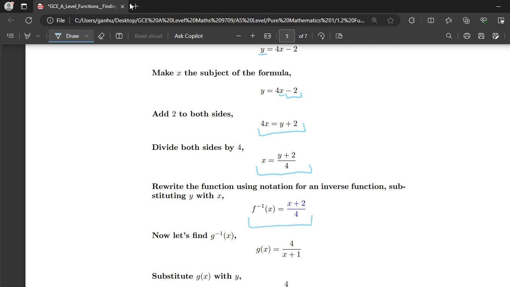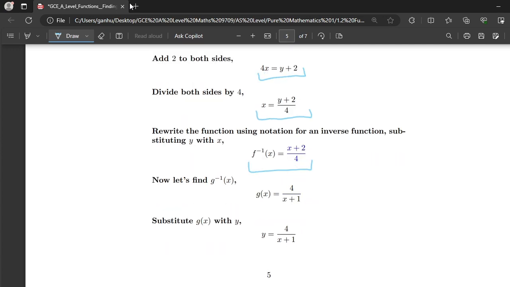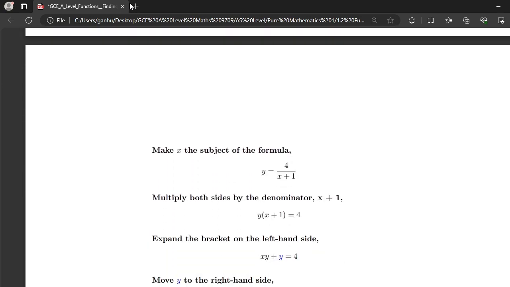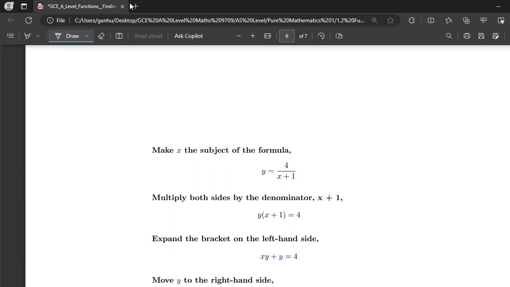Now we also need to find g inverse of x. So g of x is equal to 4 over x plus 1. Substitute g of x with y, so it becomes y equals 4 over x plus 1. And then our goal is to make x the subject of the formula. So in this case, we'll multiply both sides by x plus 1 to get rid of the denominator, and it becomes y times x plus 1 equals 4.